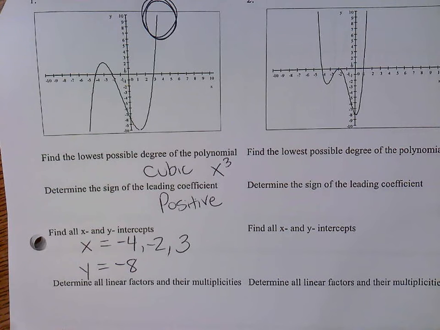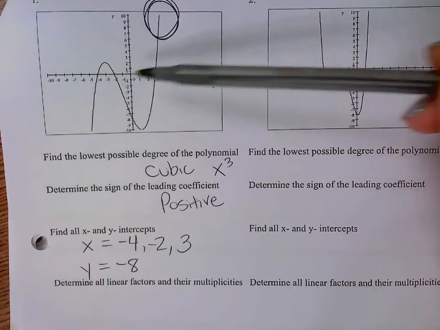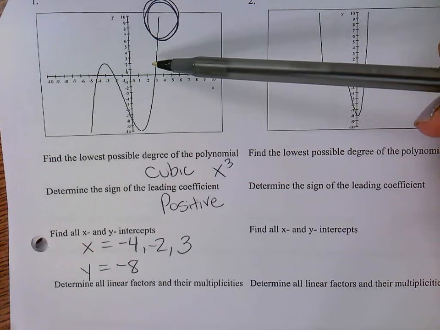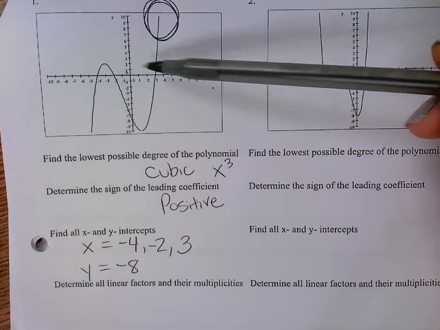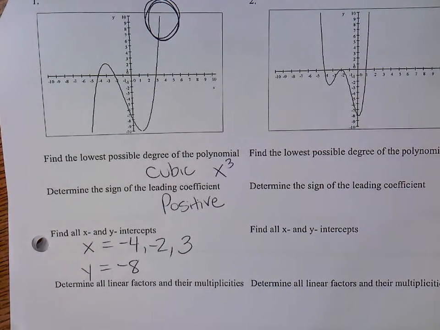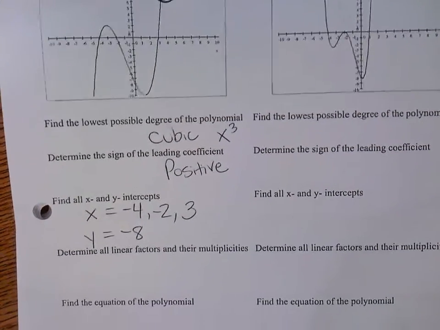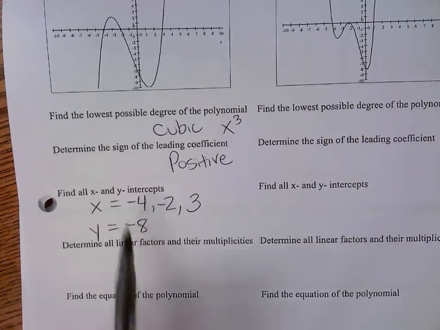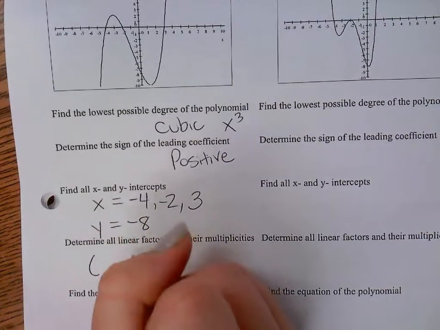Now it says determine the factors and their multiplicity. All right, every single one of these x-intercepts cuts through the x-axis, right? So they all have odd multiplicity. All right, so what are the factors? If -4 is one of my x-intercepts, what has to be a factor?